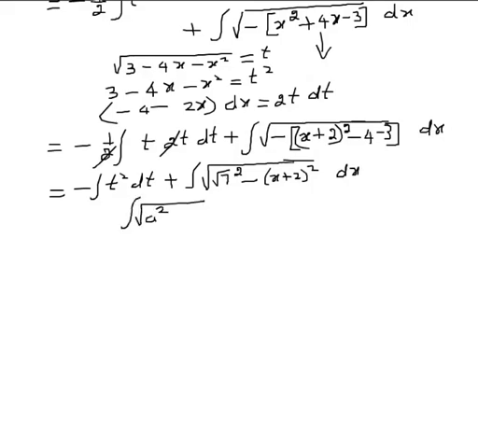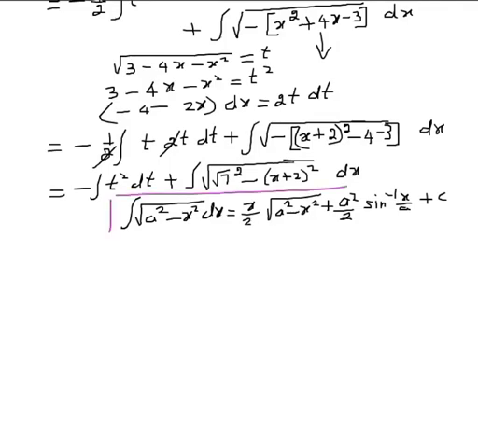Let us use the formula of integral root of a square minus x square dx, which is x by 2 root of a square minus x square plus a square by 2 sine inverse of x by a plus c. Integral of t square is t cube divided by 3.